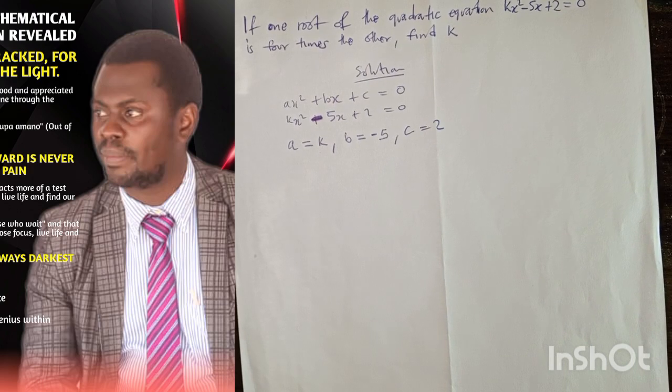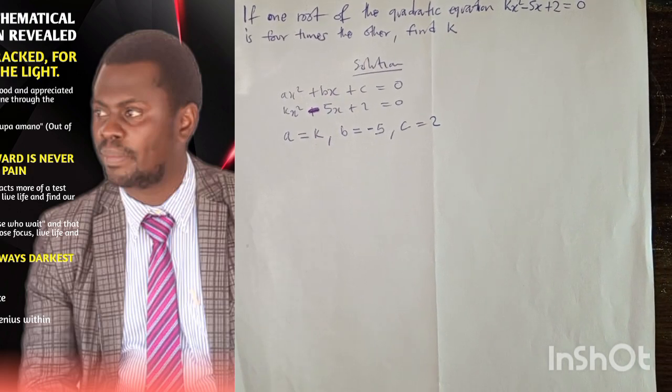Now the other thing we know is that on finding roots of the quadratic equation, we have sum and product. We need to know that sum of roots gives minus b over a, and product of roots gives c over a.